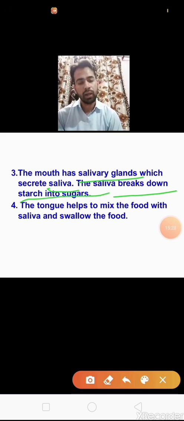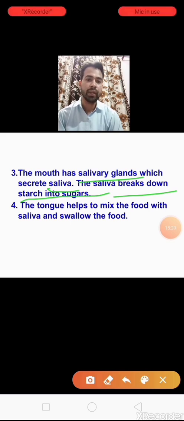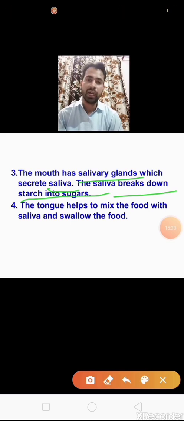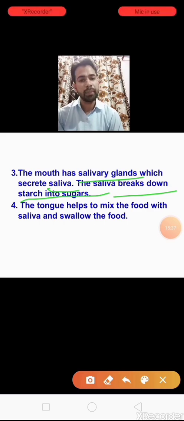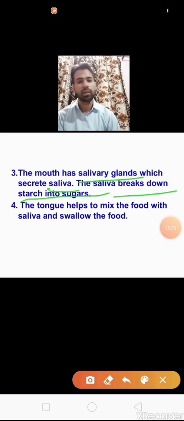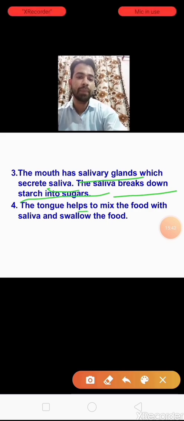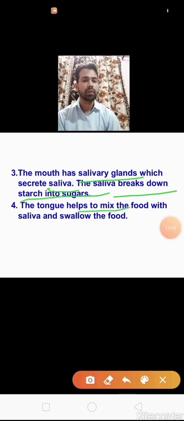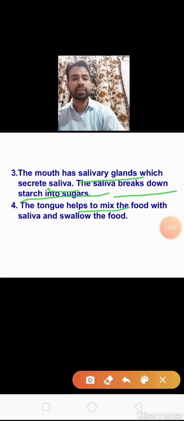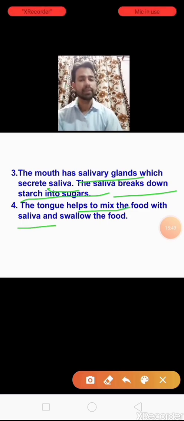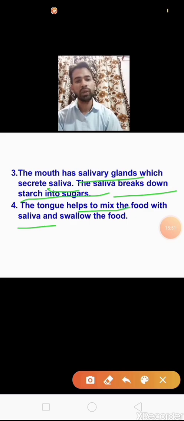Starch is a complex food, and when saliva acts on starch, it converts it into simple sugar. The tongue, it helps in mixing. It mixes the food with saliva and also helps in swallowing.